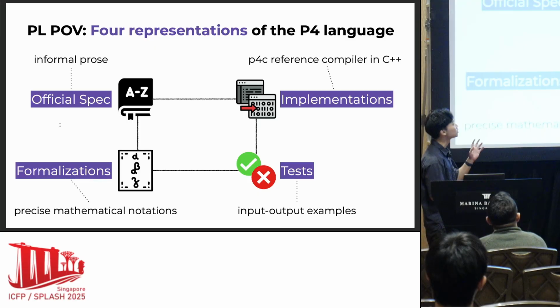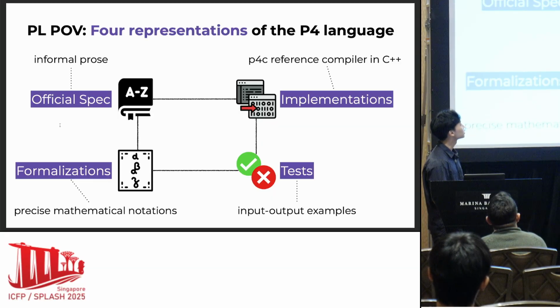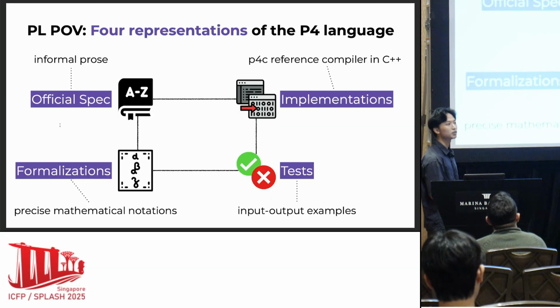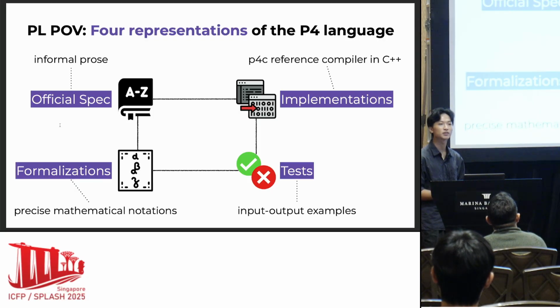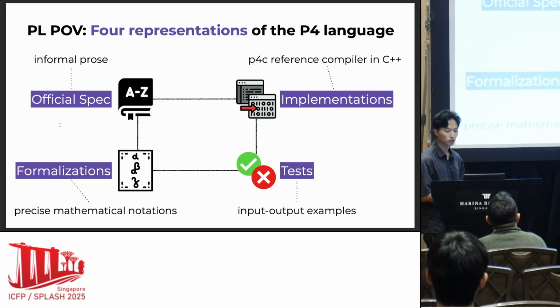There are also implementations, for example, the P4C reference compiler in C++, which is an executable representation of the language. The reference compiler also comes with a test suite demonstrating the behavior of P4 with input-output examples. And last but not least, we have formalizations, usually found in academia, giving a precise mathematical description of the language.